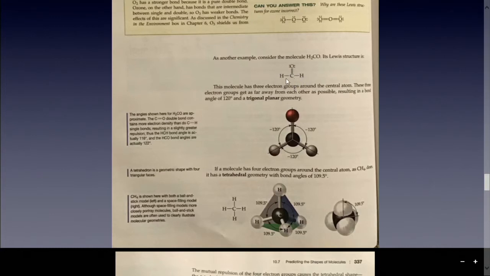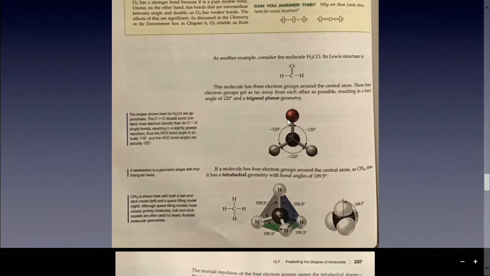Now what you need to do is figure out its geometry. And the way you do that is you look at how many electron groups are around the central atom. So we're going to be looking at small structures here, not large molecules. But when you look at large molecules anyway, you only look at individual regions, called active sites or whatever, on the molecule that are important.